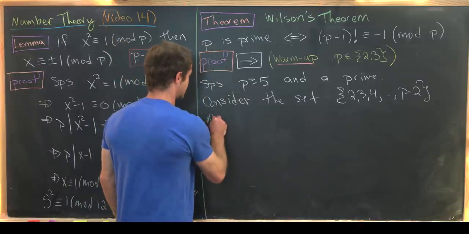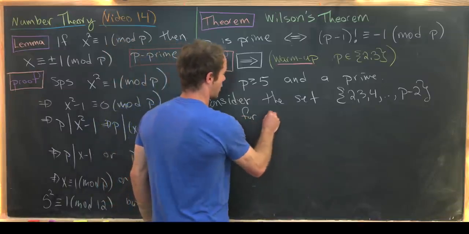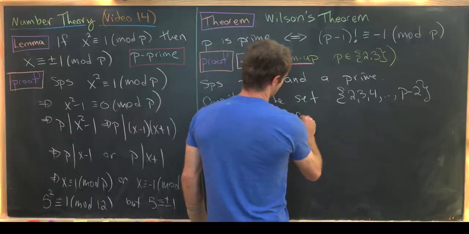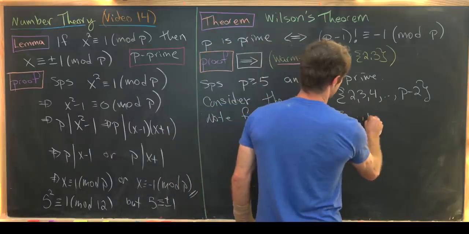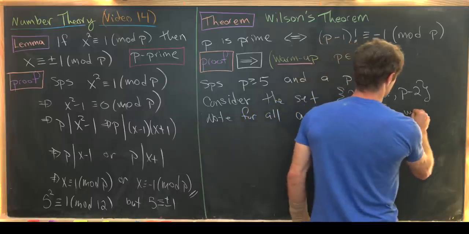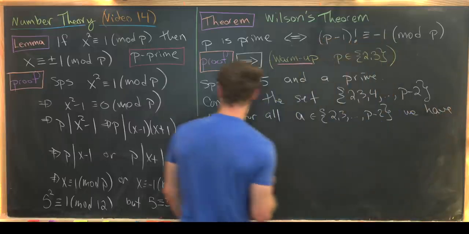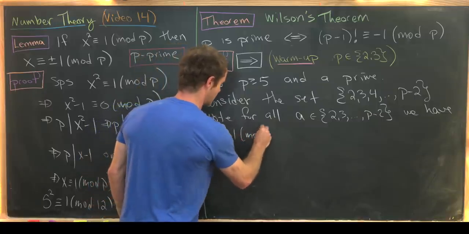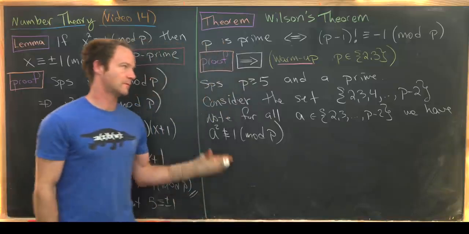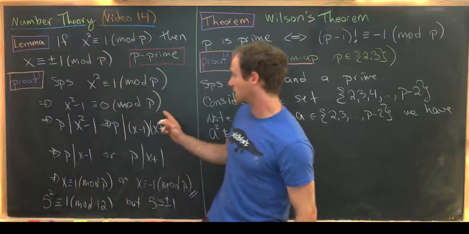So let's note that for all values, which I'll call a, from this set, 2, 3 up to p minus 2, we have a squared is not congruent to 1 mod p. Well, how do we know that? Let's look at our lemma.